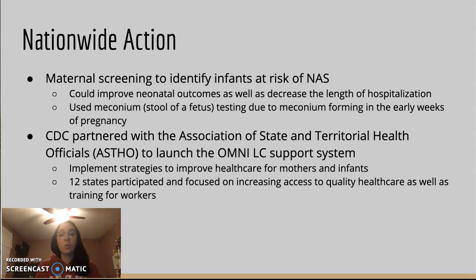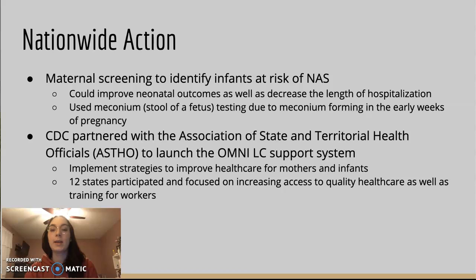In overall nationwide action, maternal screening has been implemented recently, and this is used to identify infants that are at risk for neonatal abstinence syndrome, and this can help to improve the outcomes as well as to decrease the length of hospitalization.